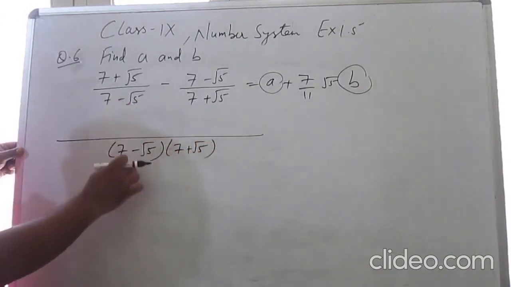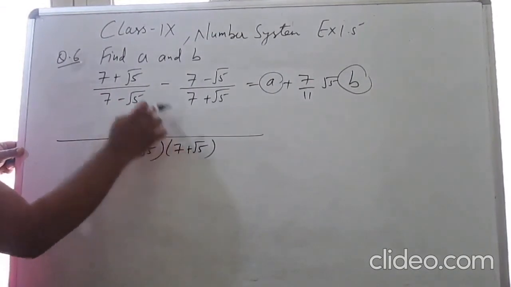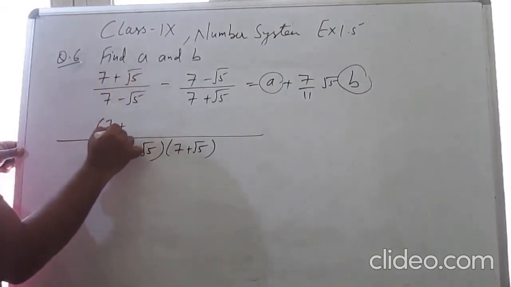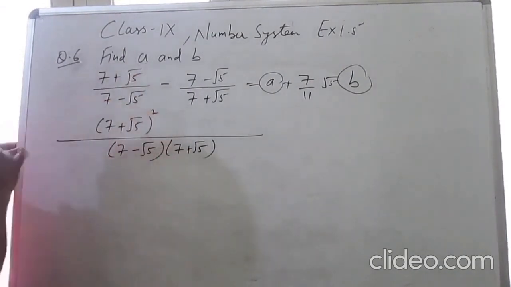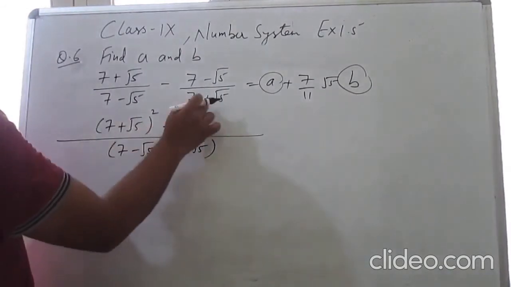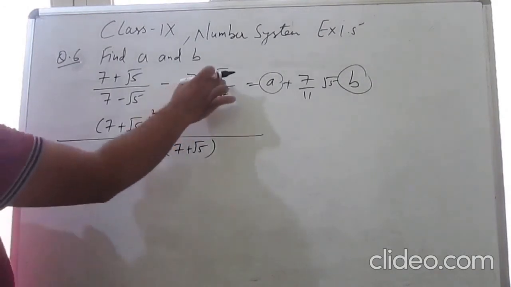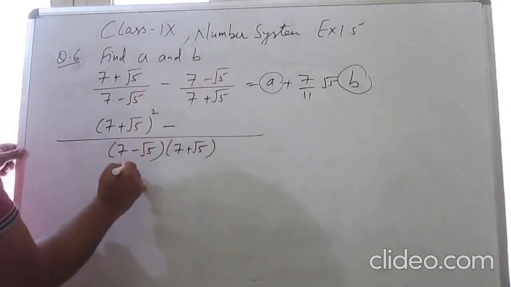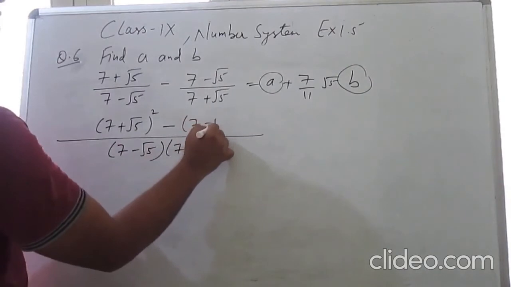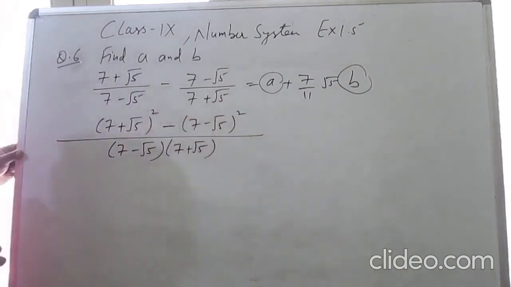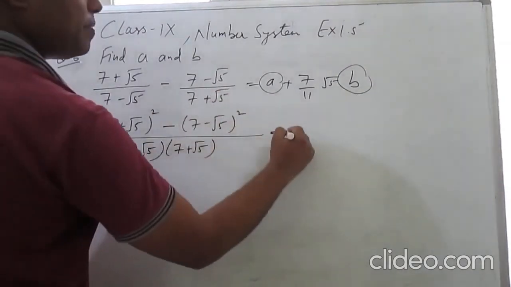So this divides this, and what is left? This 7 plus root 5 multiplied by 7 plus root 5. So it will be 7 plus root 5 whole square minus this divided by this. Here 7 minus root 5 and 7 minus root 5 is the same number, so it is whole square. This will be kept as it is.